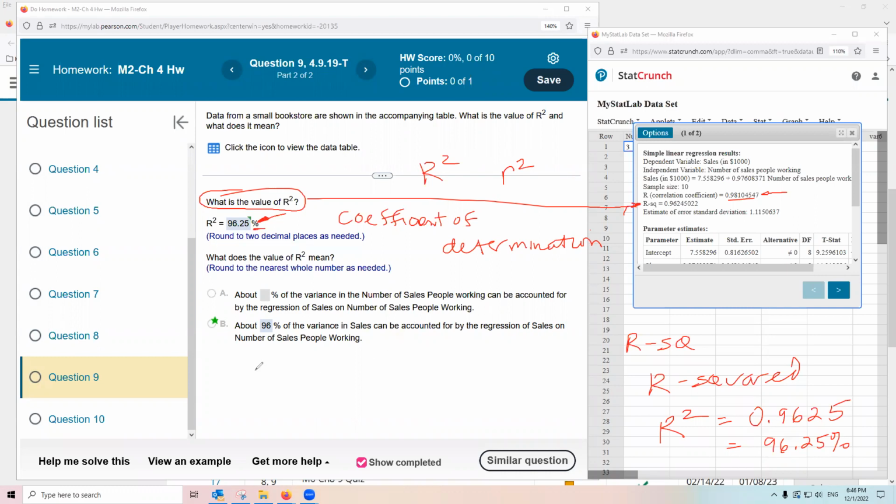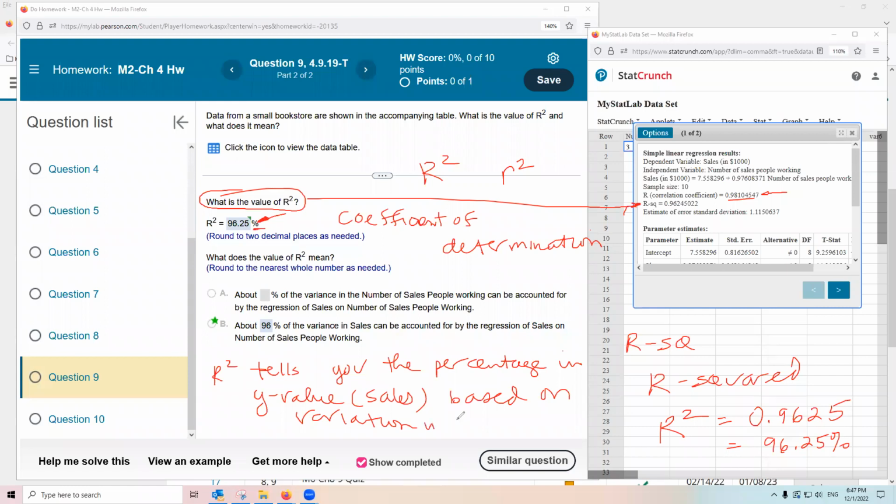And what this does is it tells you, R squared tells you the percentage of variation in the Y value. In our case, that's going to be sales, based on the variation in the X value. That is number of salespeople working.